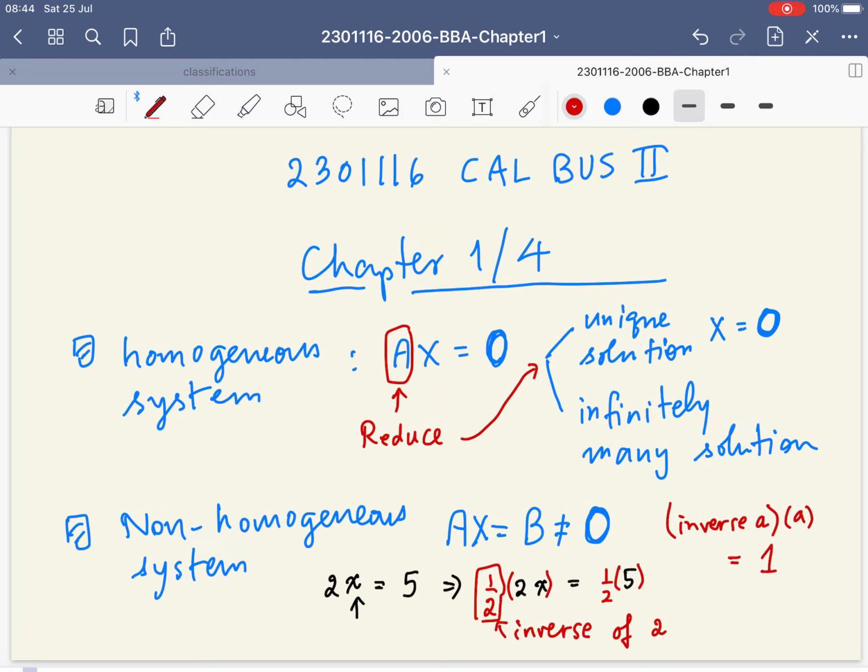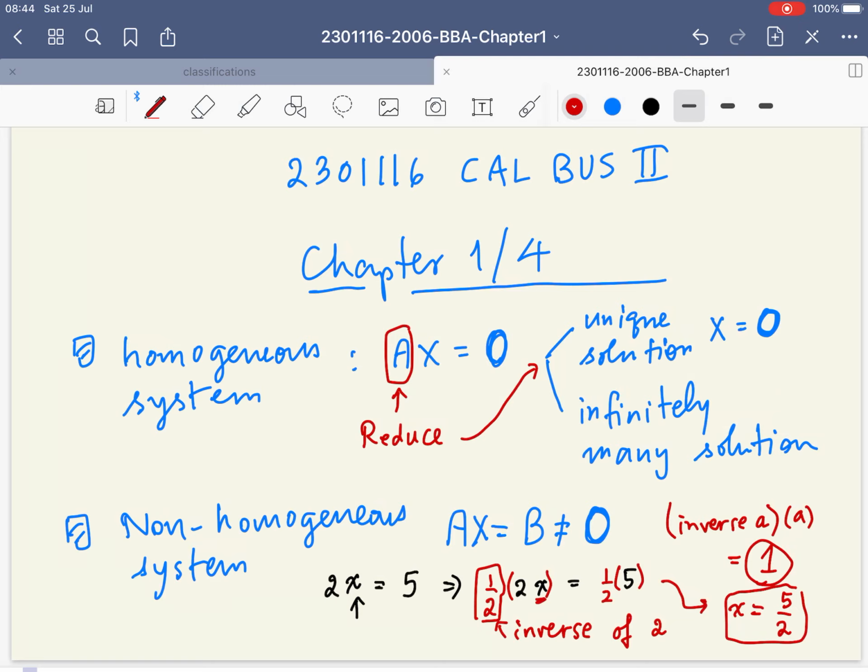After you get the 1, your 1 multiplied by x becomes just x alone, so you end up with x equals 5/2, which is your solution for this equation in terms of real numbers.